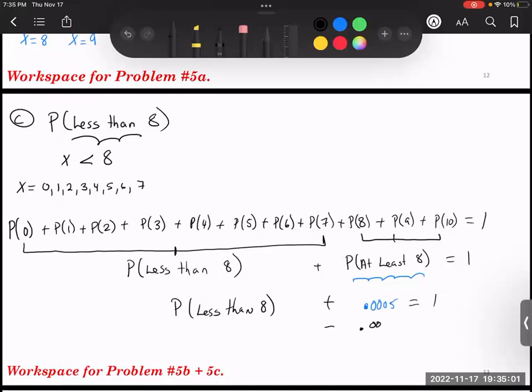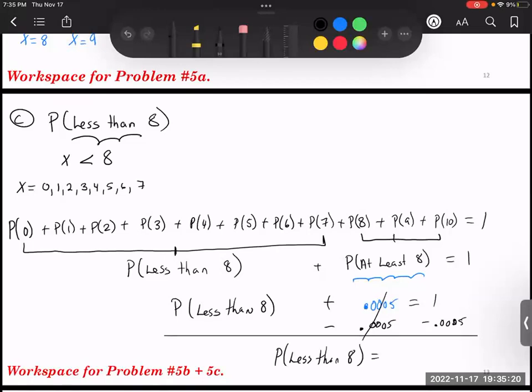It's basically what we're using, a complement rule. Less than 8 is the complement of at least 8. That's what makes this work. Okay, so as an equation, the 0.0005s will cancel. The probability that it's less than 8 is equal to 0.9995.